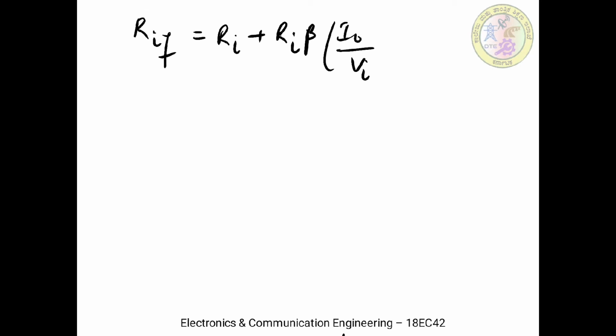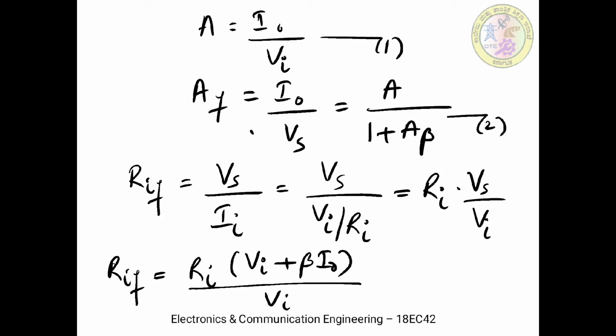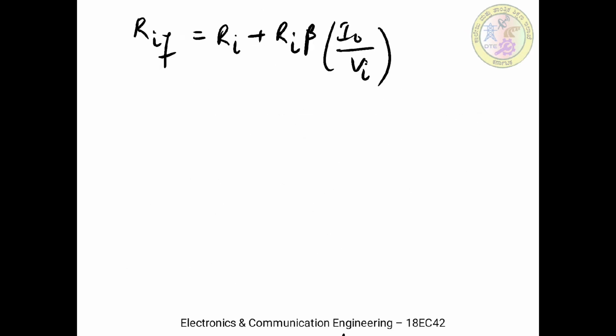On simplifying this we have RIF will be equal to Ri plus Ri into beta times of I naught by Vi. But I naught by Vi we have already defined as A. So now you can substitute that equation 1 here.